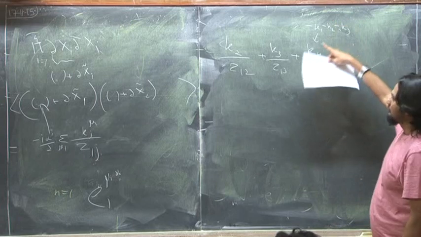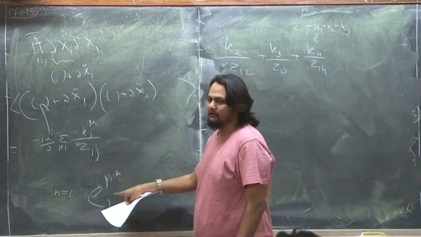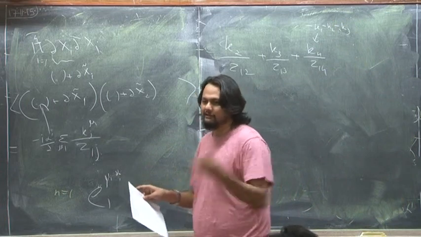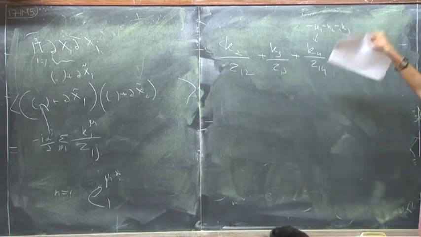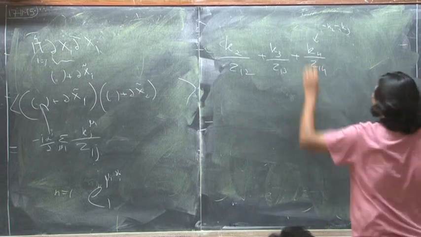This mu is going to contract with the polarization, which is always transverse, so E dot K1 will be 0, and we can forget about K1. And so this is just minus K2.